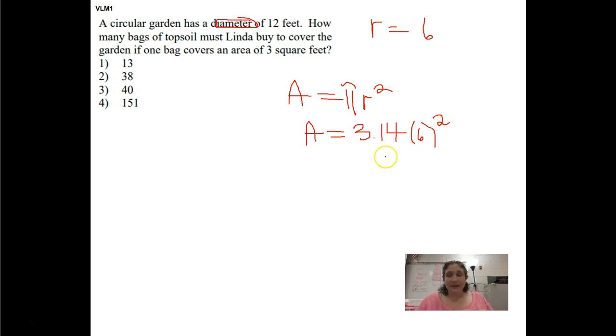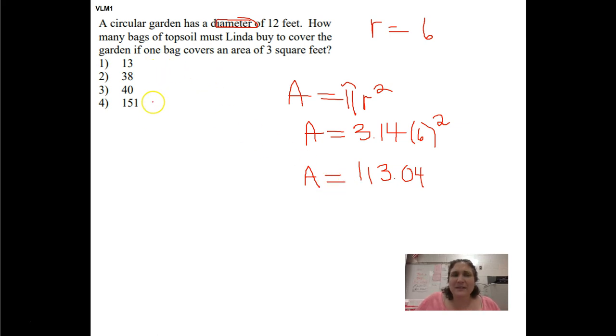Okay, then we're going to get a calculator. We know that 6 squared is 36. So I'm going to do 36 times 3.14, and we get 113.04. So now we know that that is the area of our garden.